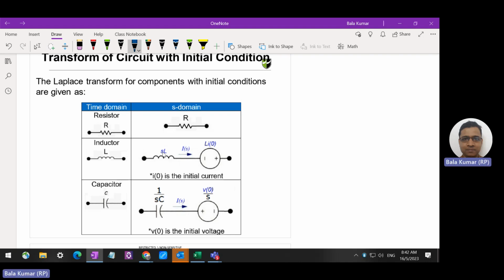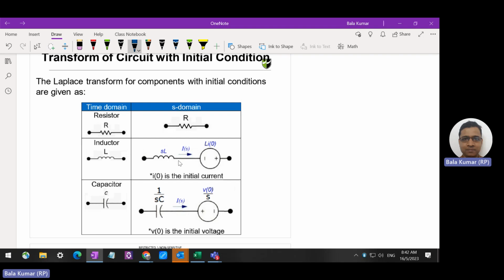It's very straightforward. For the inductor, as we saw previously, in the S domain the inductor becomes SL and the capacitor becomes 1 over SC. It is still the same. Then we include this initial condition as a secondary voltage source.